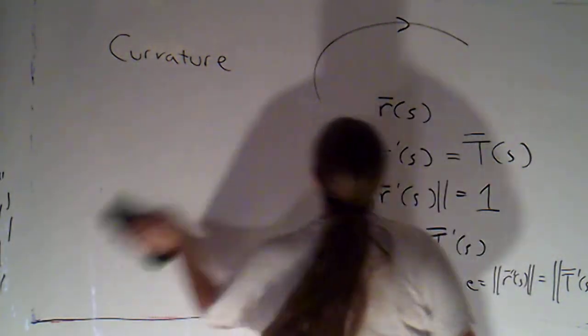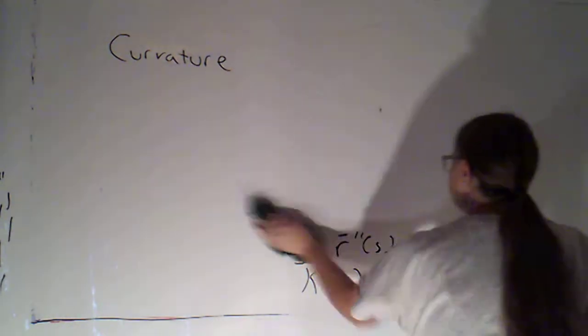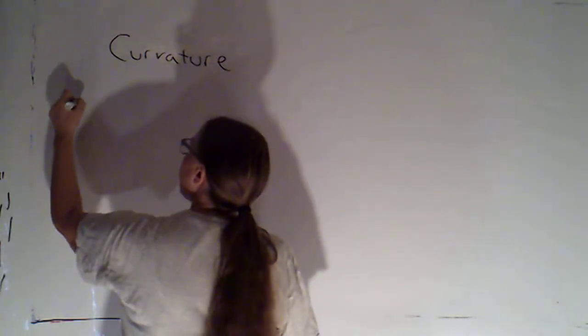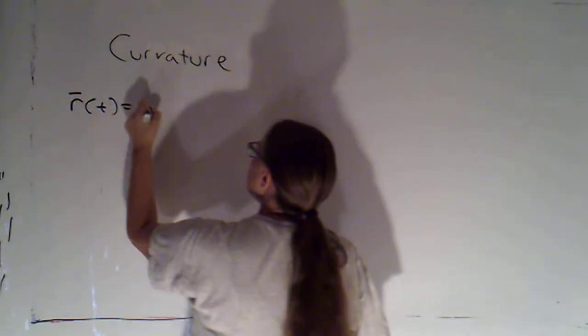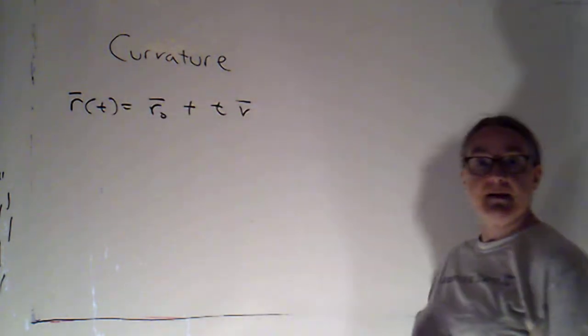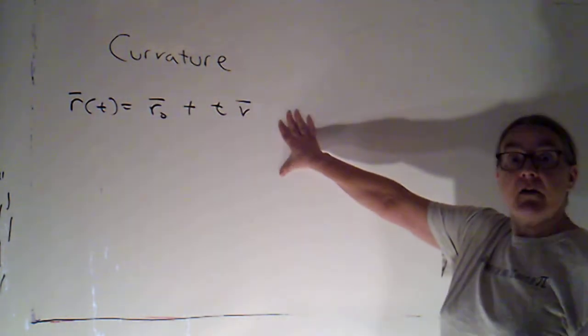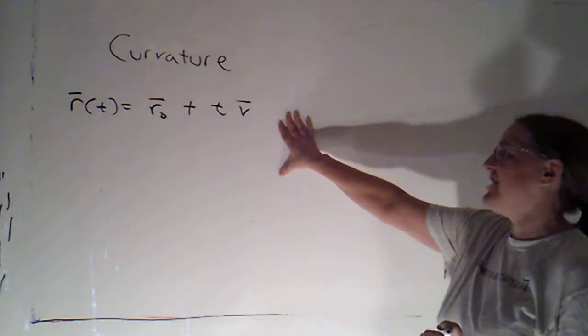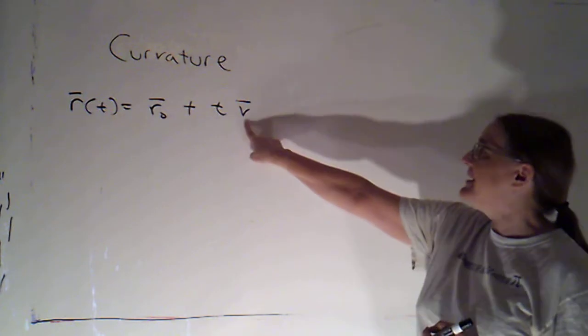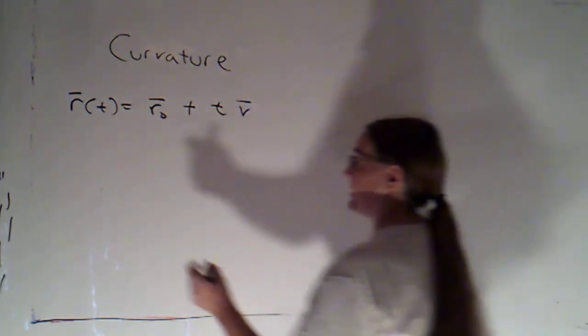Let's take a line. So let's just say I have r of t equals r naught plus t times v. Now we looked at how to get to the arc length parameterization for lines, and it was actually quite simple. All we need to do is normalize the direction vector.